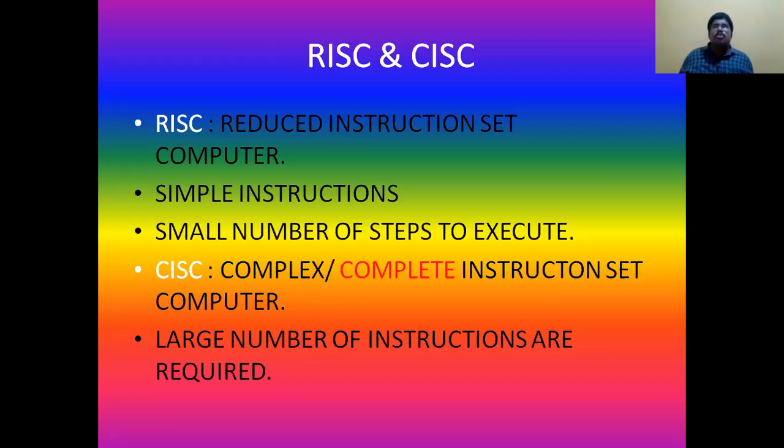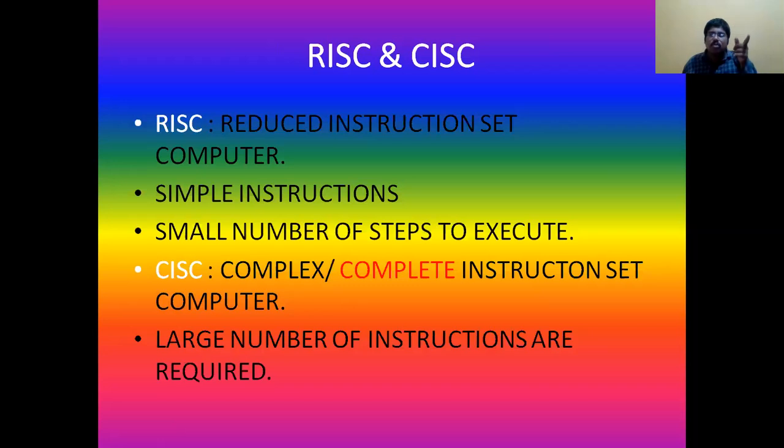But the major drawback of RISC is what I told previously. If you write a particular program in RISC and CISC, the number of instructions required will be less when you opt for CISC rather than RISC. That means when you opt for CISC, complex instruction set computers, you can develop a program in 10 steps.